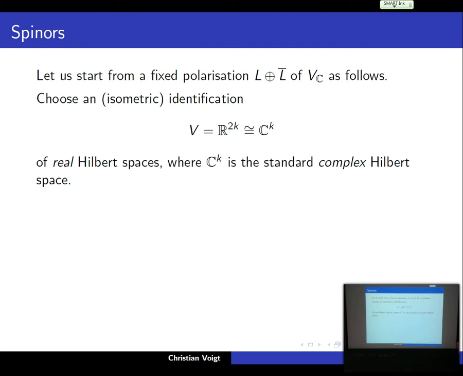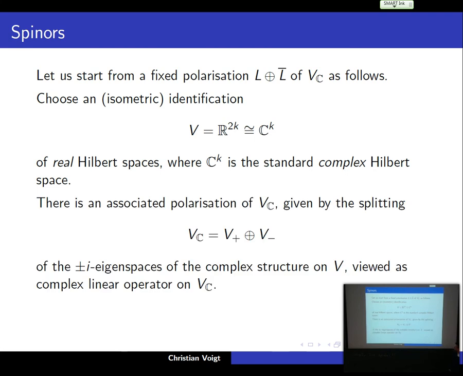So we can do that certainly, basically fixing a complex structure. And once you fix such an isomorphism, you get a polarization from that. If you complexify, you can take the plus and minus i eigenspaces of the complex structure. And these define your polarization.